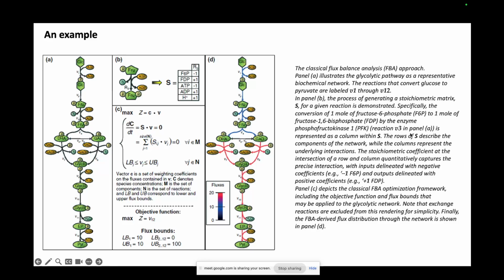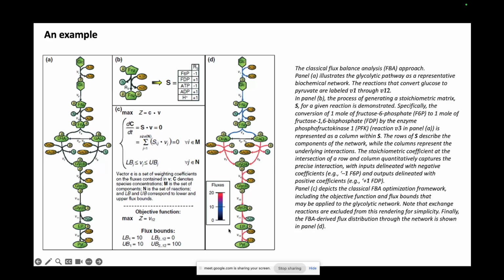The rows of S describe the components of the network, while the columns describe the underlying interactions, which are the reactions. The stoichiometric coefficient at the intersection of a row and column quantitatively captures the interaction, with inputs delineated by negative coefficients. For example, if a metabolite is getting used up, you put a negative sign, and if it's getting formed, you put a positive sign.